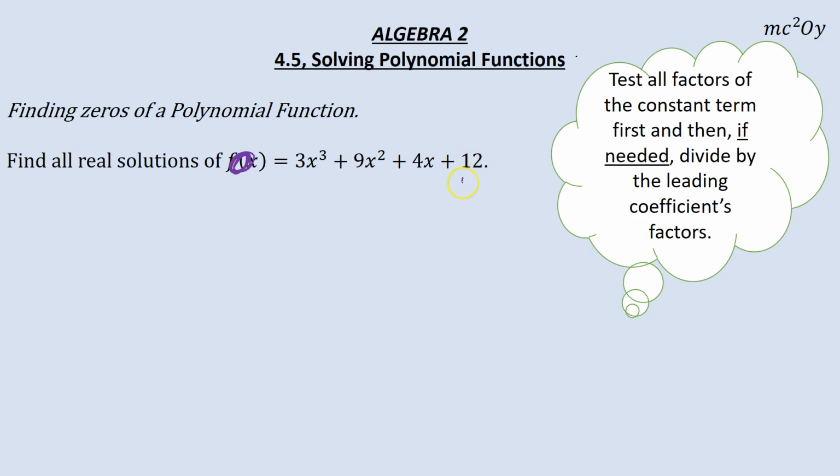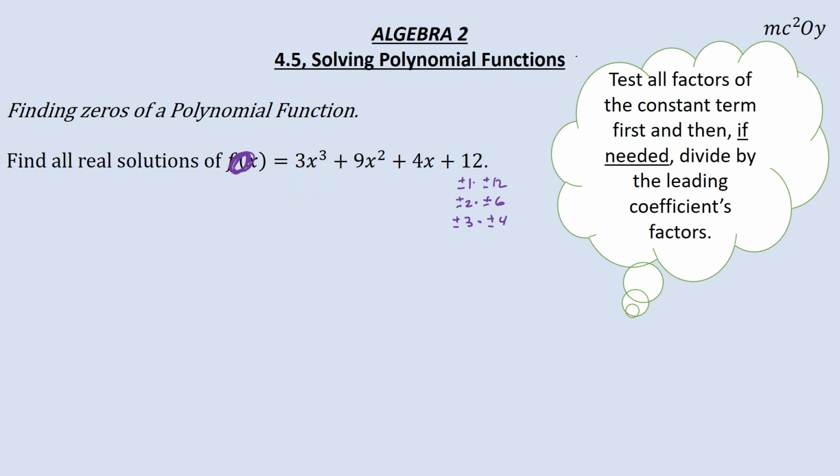Okay, so positive negative 1, positive negative 12, positive negative 2 times positive negative 6, 3 times 4. Okay, so those are all my possibilities. All right, so I'm going to test all of these before I start dividing by 3.